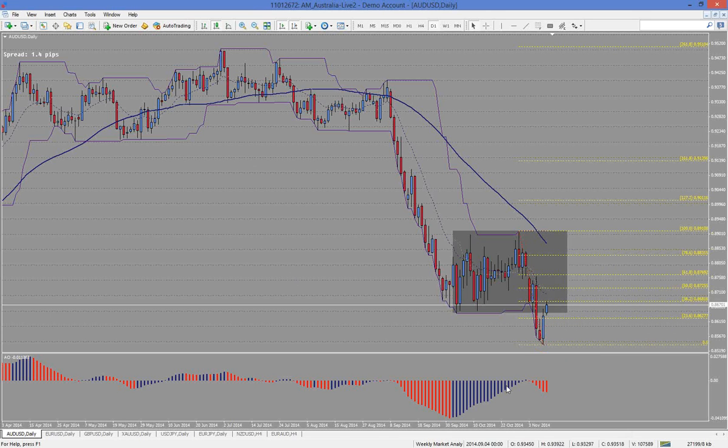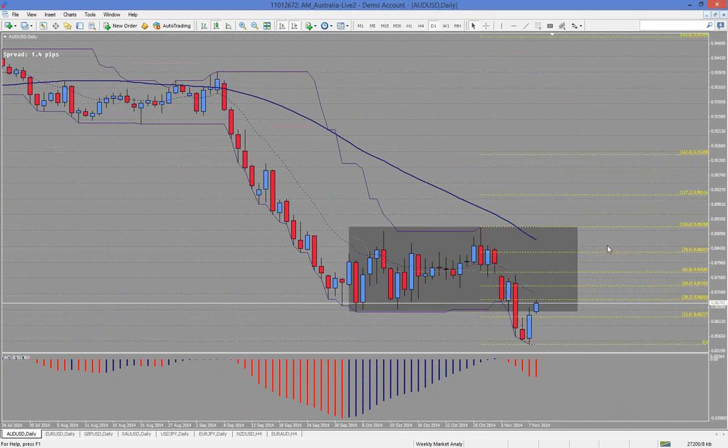So from this chart, let me zoom in on it a little bit more so we can all see it clearly. What can we see here? What's the most clear thing that we could see here, if we were looking for a trade on the Aussie dollar?